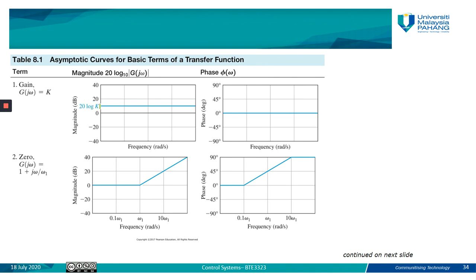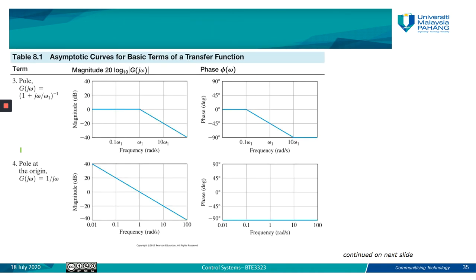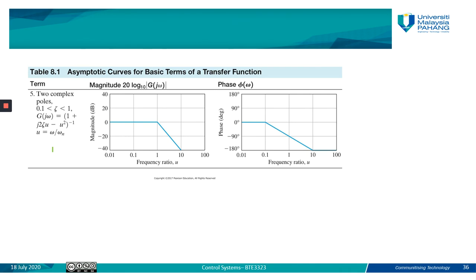It shows the K value, the zero at the origin, the pole at the origin, the first order zero, and the first order pole. Okay, so in the next video we are going to have one example to draw all the components, then we combine all components in one plot for log magnitude and one plot for the phase.